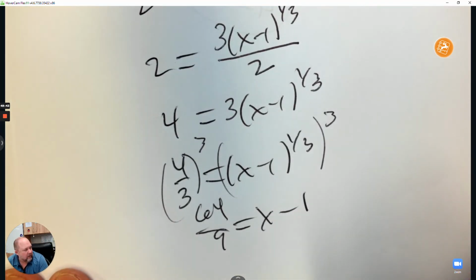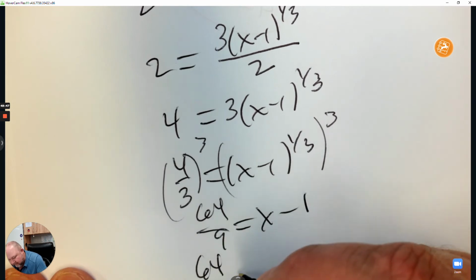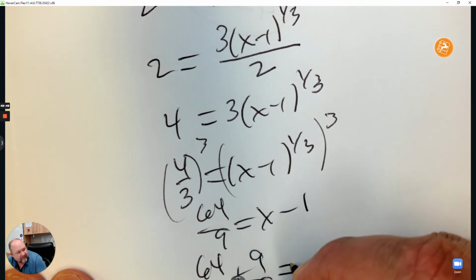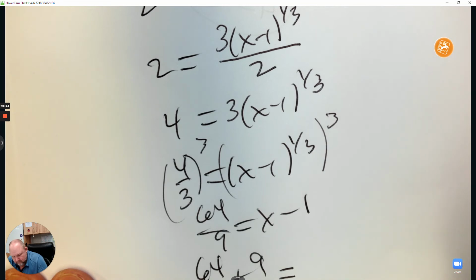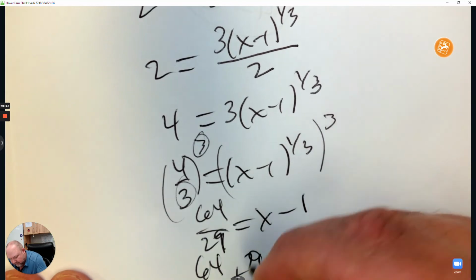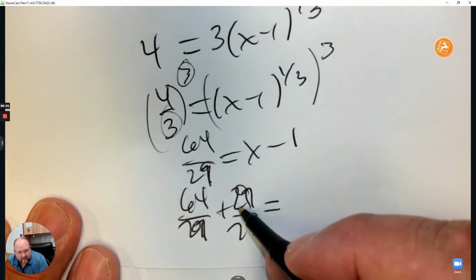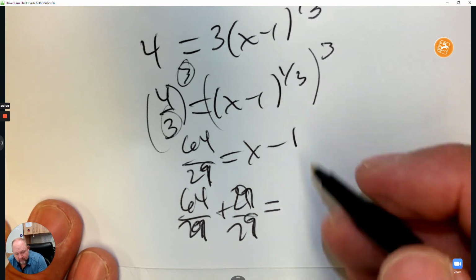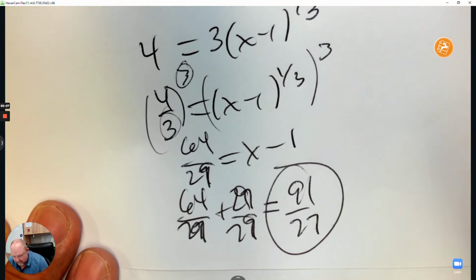And then add 1. 9 over 9 is 1. So I get 73 over 9. Wait a second. Cube 3 and it's 27, right? So this is really 27 over 27. What is that? 91 over 27. So at that number, the average rate of change equals the instantaneous rate of change. That's good work. All right, 33.